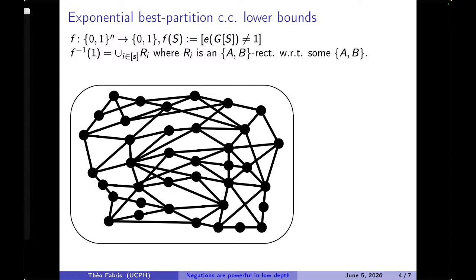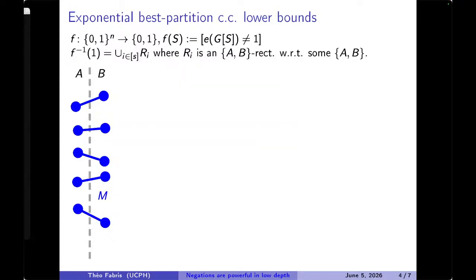So the idea is that we have a graph G, and then we have a partition A and B, and what we are going to do is the same as what Magnus did right before in his presentation. We're going to find a big induced matching in this graph, and now we're going to ignore the rest of the graph and just look at this induced matching.